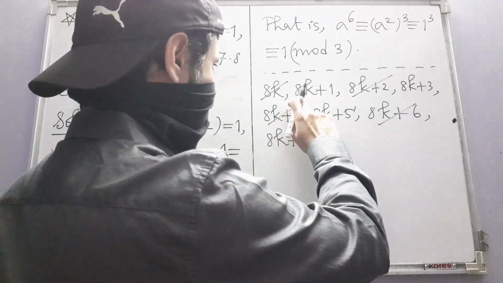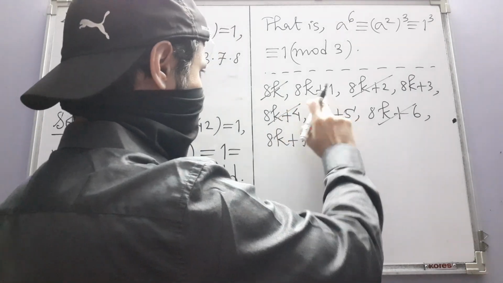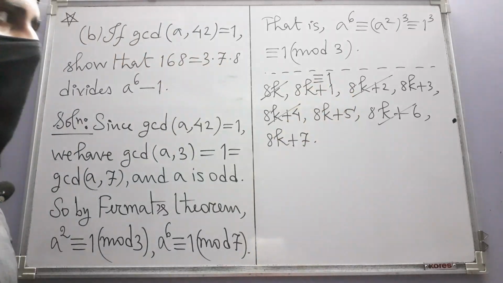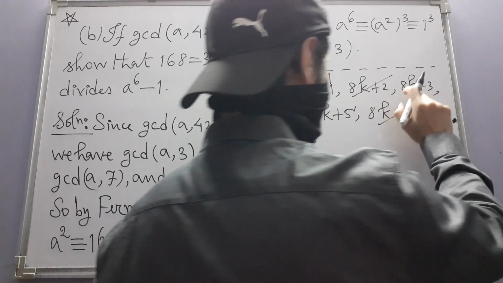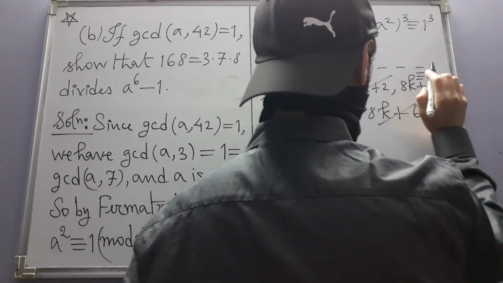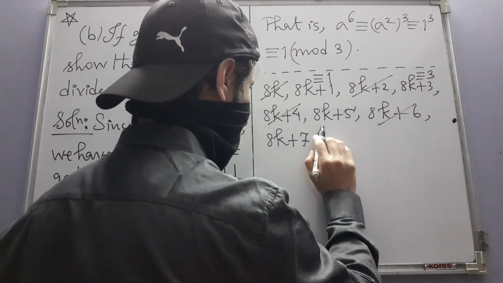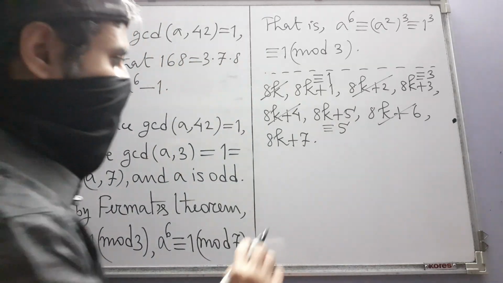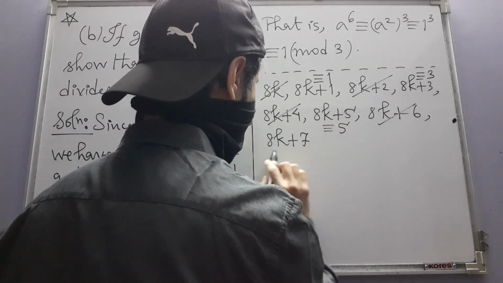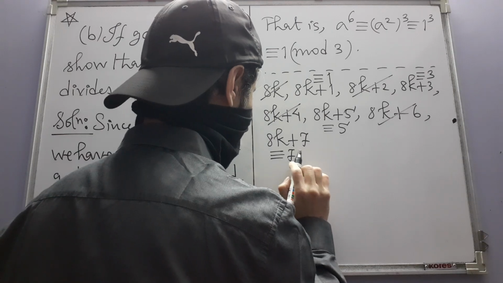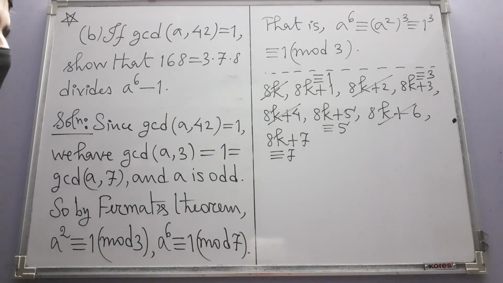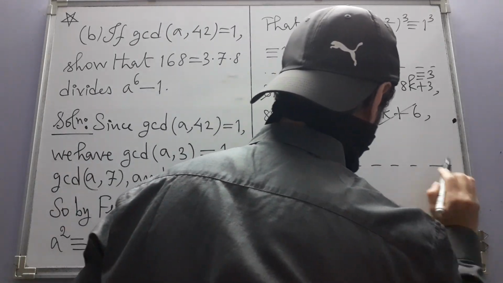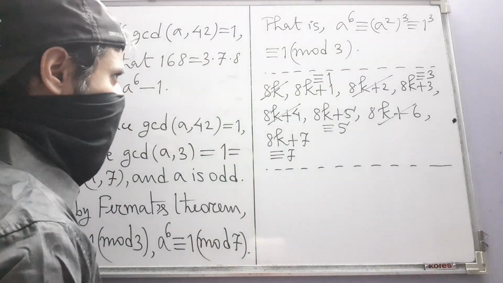If A looks like this, then A is congruent to 1 modulo 8. If A is of this form, it is congruent to 3 modulo 8. This form of numbers are congruent to 5 modulo 8, and these numbers are congruent to 7 modulo 8. This is our discussion.